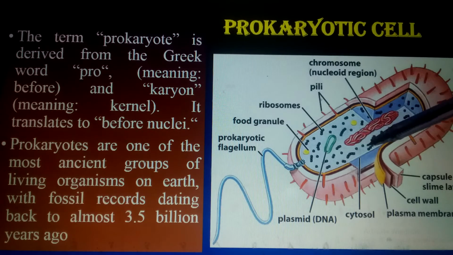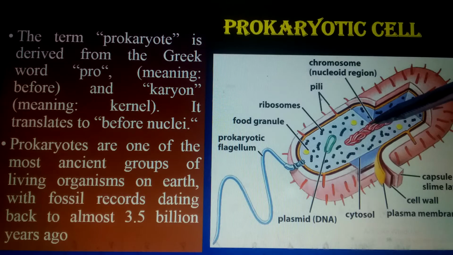Keep in mind that there is a single chromosome in prokaryotes, meaning they are haploid, as compared to eukaryotes, which are diploid with a double number of chromosomes. They have just one chromosome, directly in the cytoplasm, in the nucleoid region.